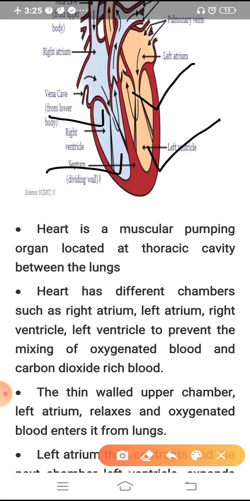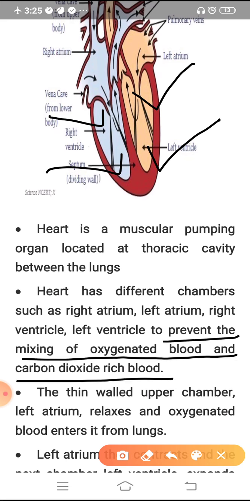Why are these chambers present in the heart? They may ask you this question. It is to prevent the mixing of oxygenated and deoxygenated blood.